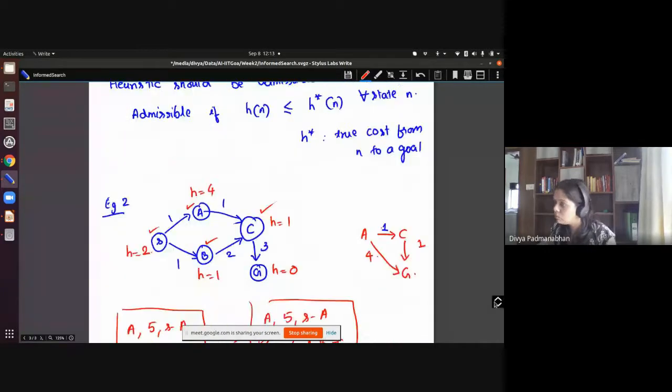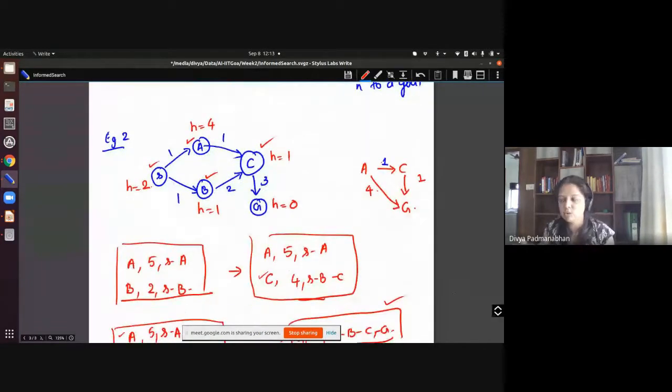Now, we also saw another example. This is where we stopped, where we have an admissible heuristic here, but when you trace the A star algorithm, what happens is, for this example, the shortest path is, what's the shortest path? It's SACG, right?